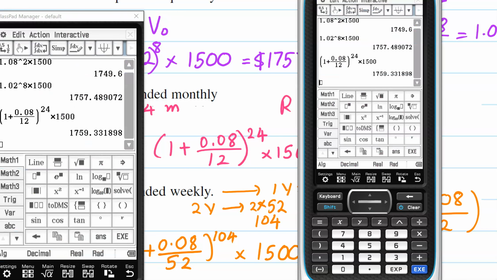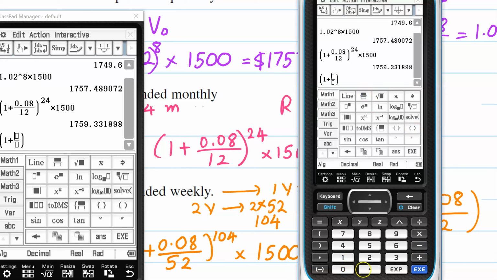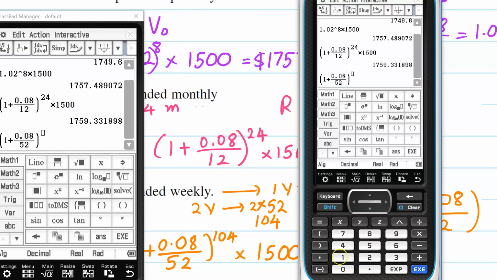We need to use the brackets wisely. 1 plus the fraction 0.08 divided by 52, you can use the arrow keys to come down, and then you go outside and raise to the power 104, and you go outside and multiply by 1500.